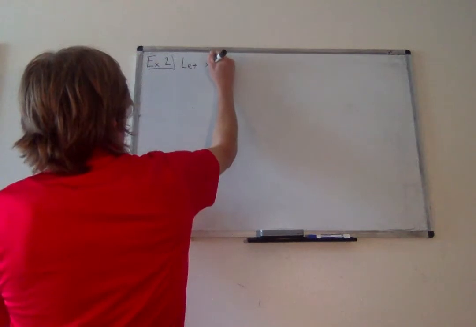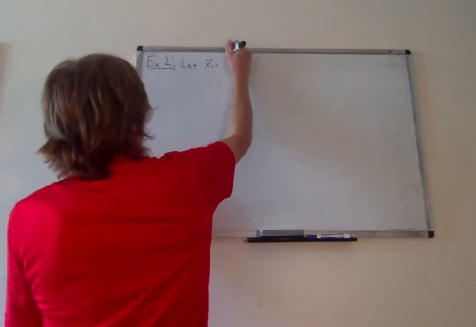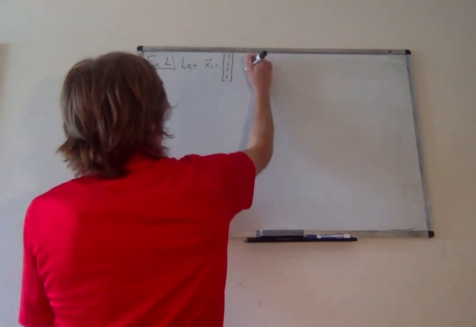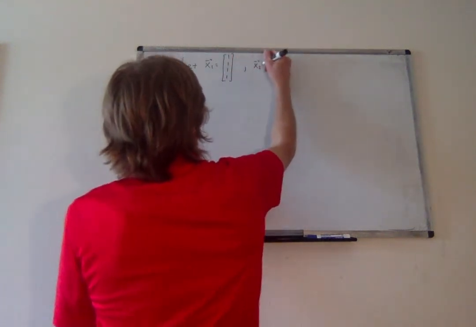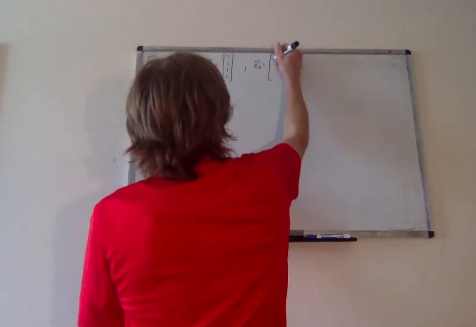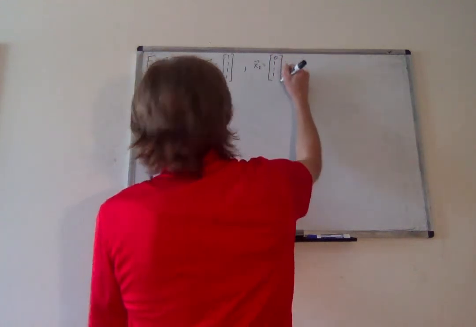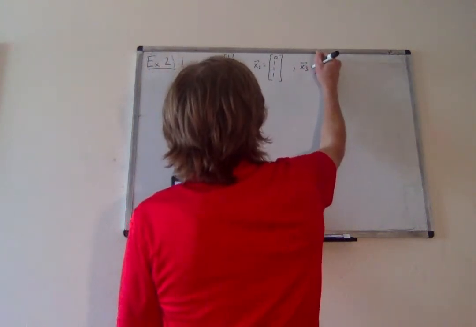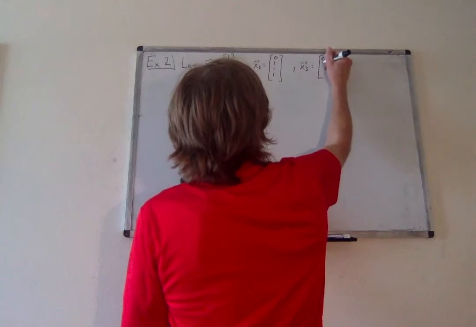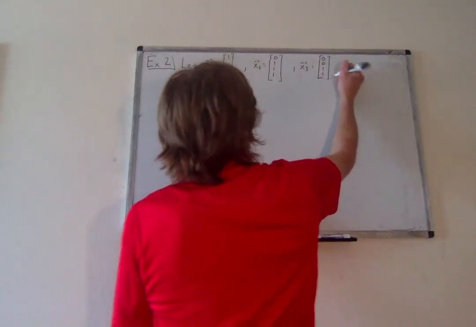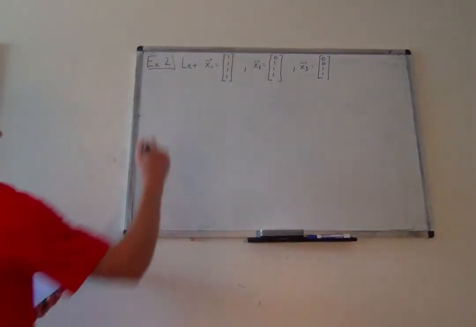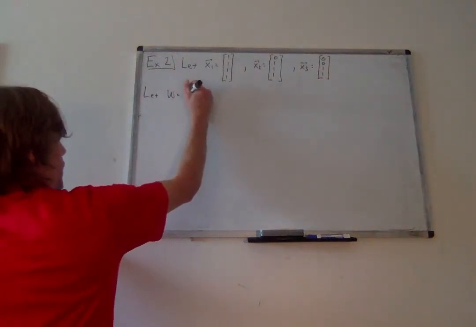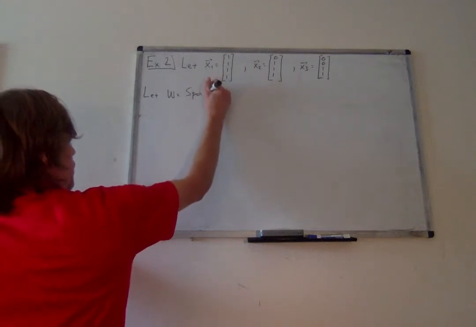So we're going to let x1 be the vector 1, 1, 1, 1, x2 be the vector 0, 1, 1, 1, I think. Let me double check. Yep. And x3 be the vector 0, 0, 1, 1. So let W be the span of these three vectors.